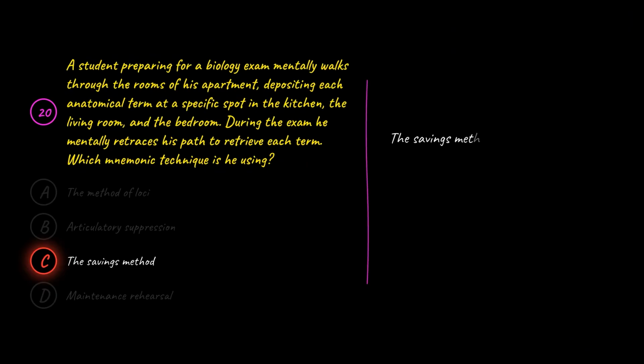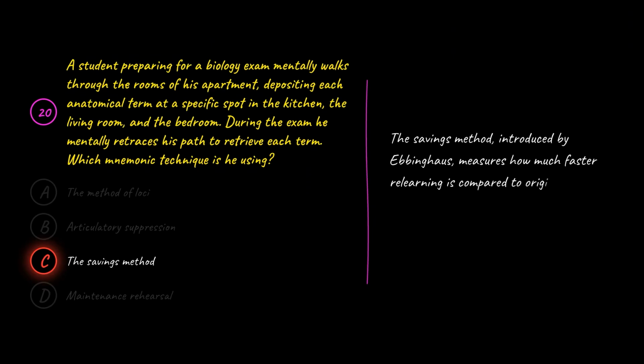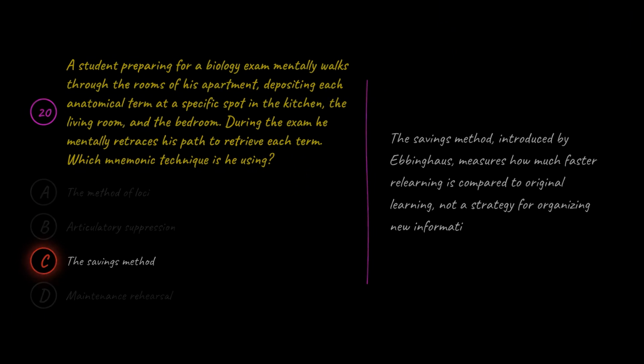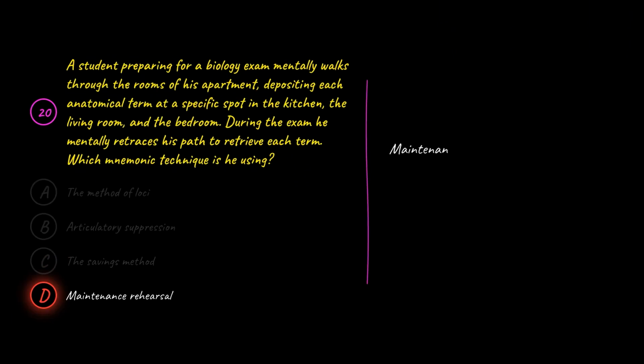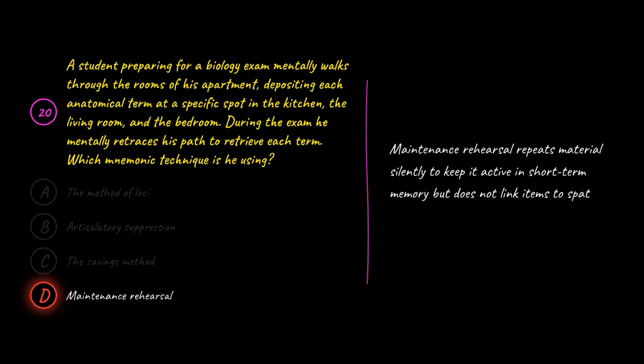C is wrong because the savings method, introduced by Ebbinghaus, measures how much faster relearning is compared to original learning, not a strategy for organizing new information. D is wrong because maintenance rehearsal repeats material silently to keep it active in short-term memory, but does not link items to spatial locations as the method of loci does.